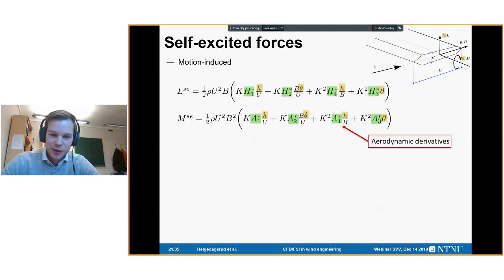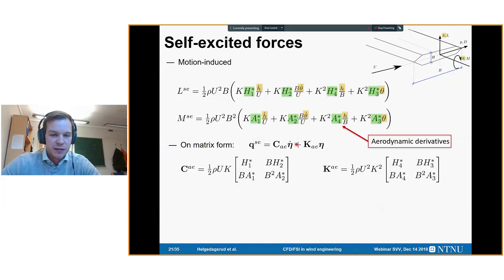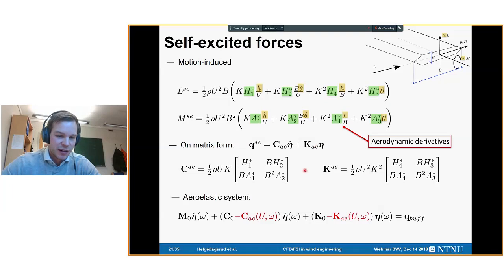And in this form, we see that we can consider the self-excited forces as modifications of the damping and stiffness of the structure. And we can take them to the left-hand side of the equations of motion. And we are given an aeroelastic system whose behavior depends on the wind velocity and vibration frequency of the structure.